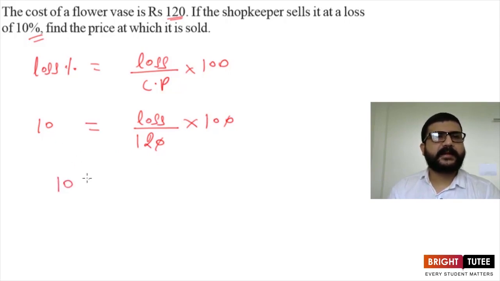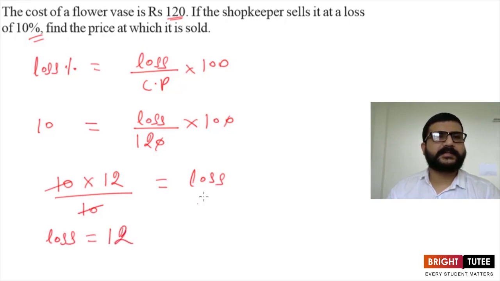So this will give us 10 into 12, 12 will come in multiplication and this will be divided by 10. We transpose this 12 and 10 on the left side of the equation. So this is equal to loss now. Now let's simplify this. We can cancel 10 with 10. So loss is rupees 12. So loss amount is equal to 12 rupees.